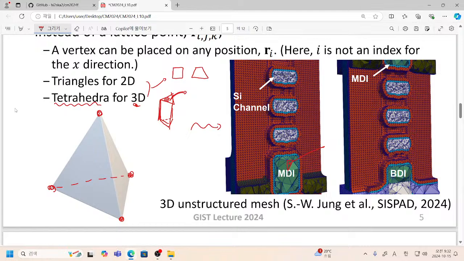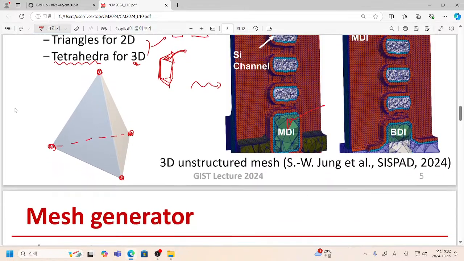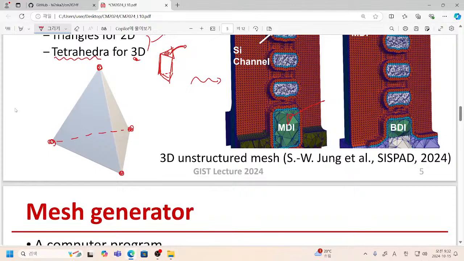But nowadays the structure is no longer simple anymore. So prism is not that appropriate for our domain discretization. So now you can understand, in a practical sense, we must use unstructured mesh.